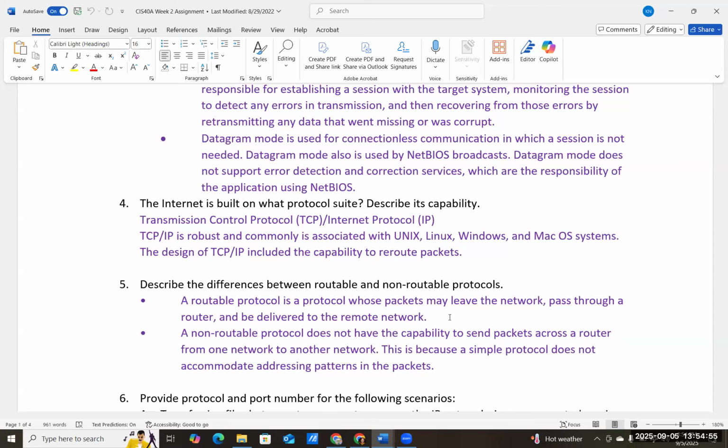Now, the non-routable protocol doesn't go to the router. It doesn't cross the router, okay? That means that it simply is a way that we communicate within the network. So, can we have a router within a network? Sure. For example, I want to make sure that one part of my network is private, like for my financial system in the bank.